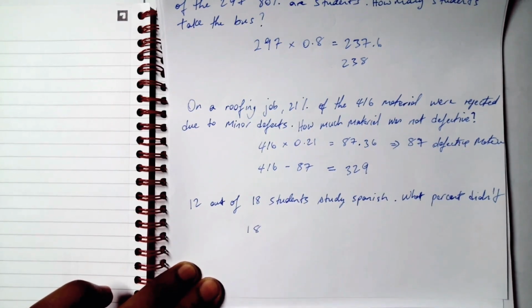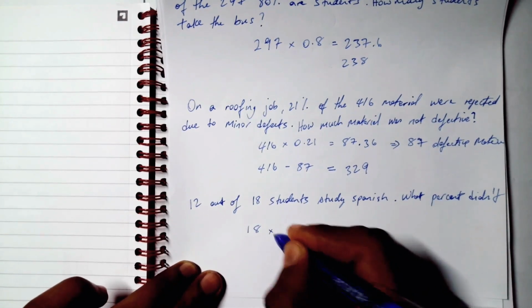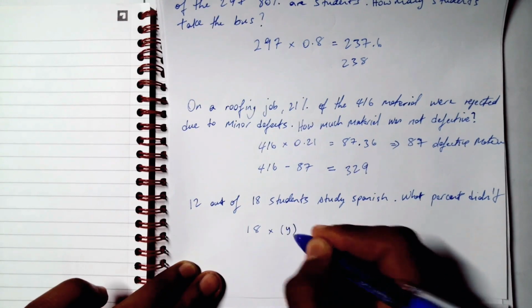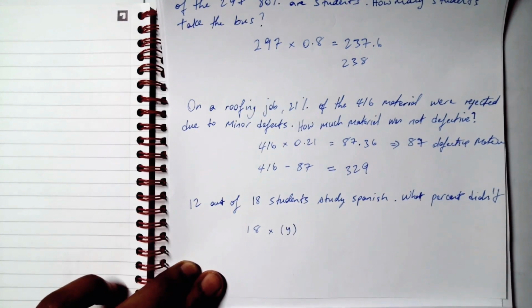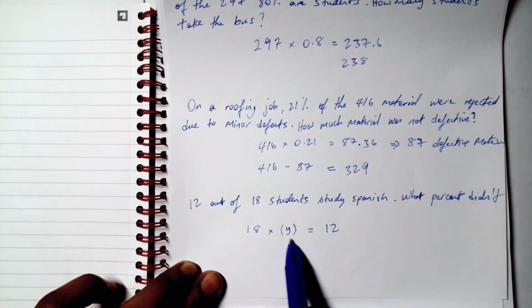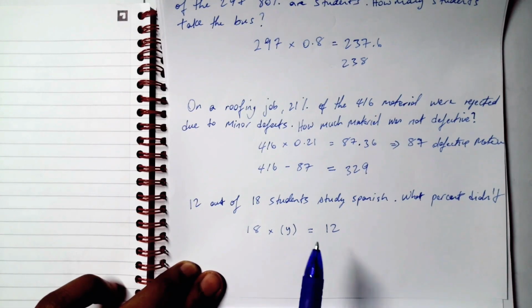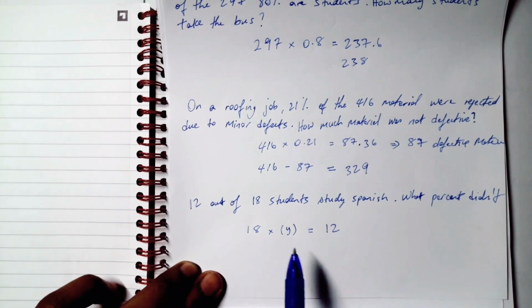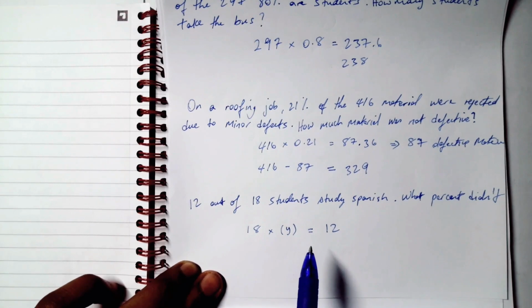18 students in total. Multiply that 18 by some percentage we don't know, and the result is 12. This right here tells us the percentage of students that take Spanish. All right.